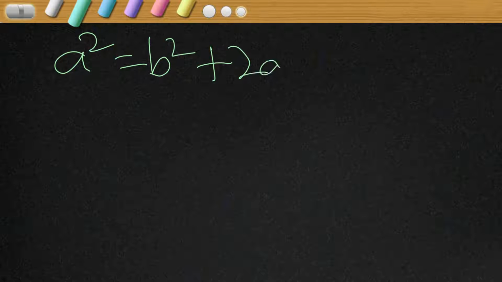Okay, so what we learned in school is that Pythagoras theorem's equation is a squared equals b squared plus c squared.